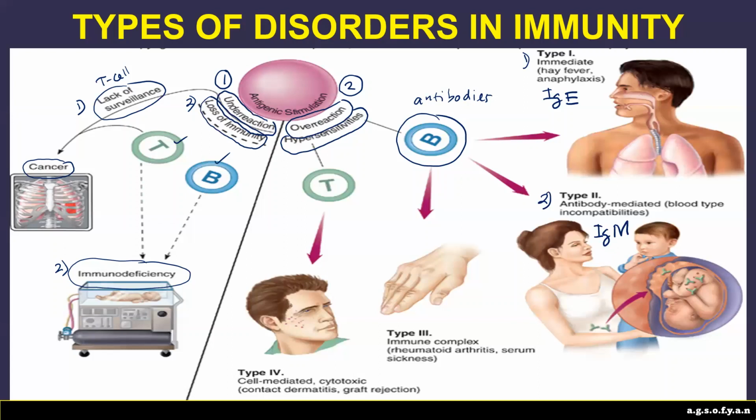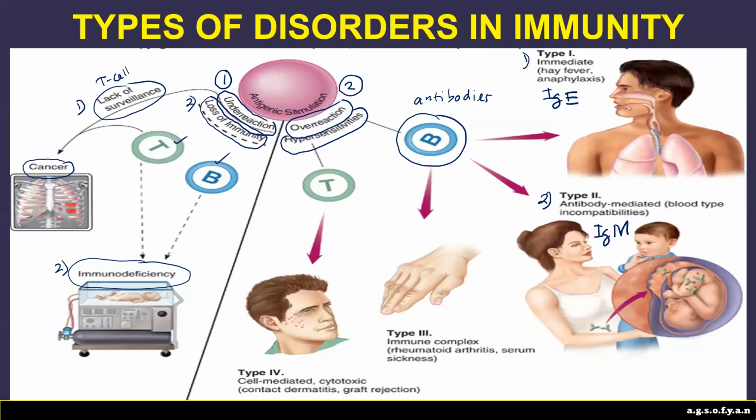A blood transfusion that is not matched in compatibility will cause this type 2 hypersensitivity. Also, marriage between an Rh negative woman and an Rh positive man can also cause this type 2 hypersensitivity.